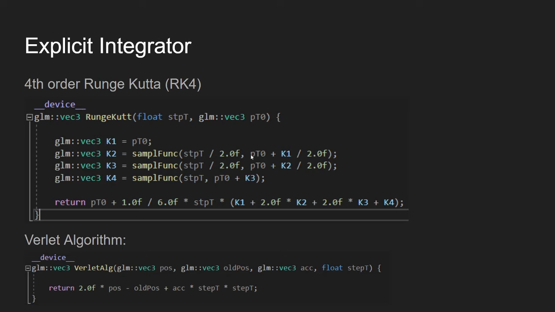In order to avoid this, we could simply limit the time step to a very small value. But we don't want that, because the cloth is going to look like it's moving in slow motion. That's very unnatural. So that's why we wanted to use RK4 and Verlet.